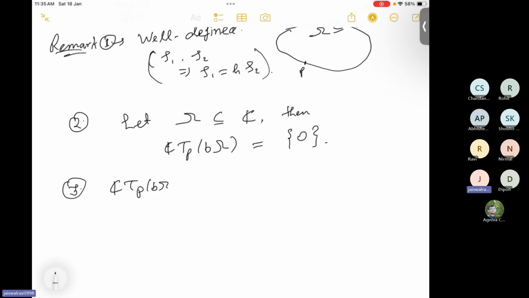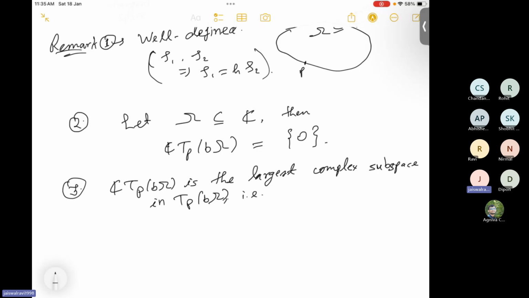The third one is saying that this C T_P of boundary omega is the largest complex subspace in T_P boundary omega.